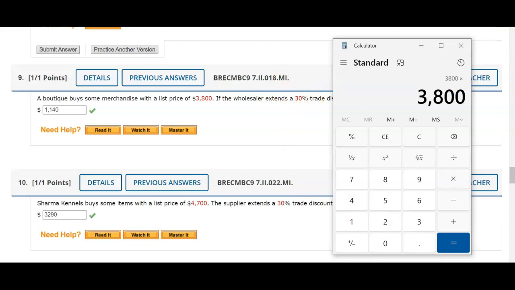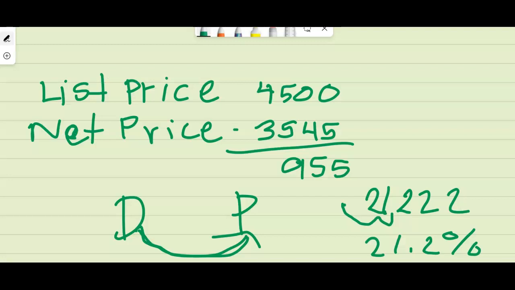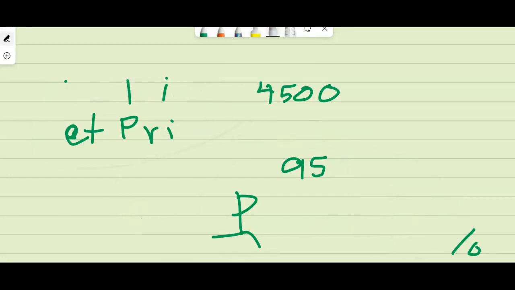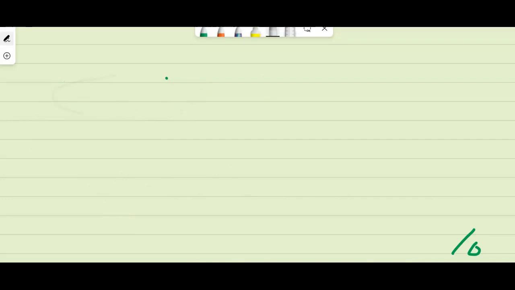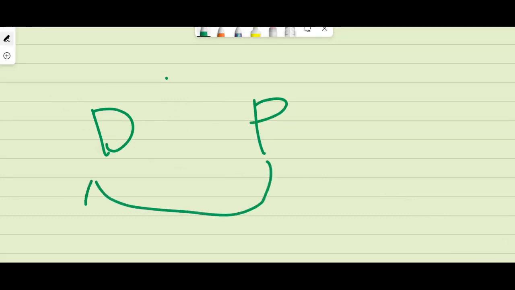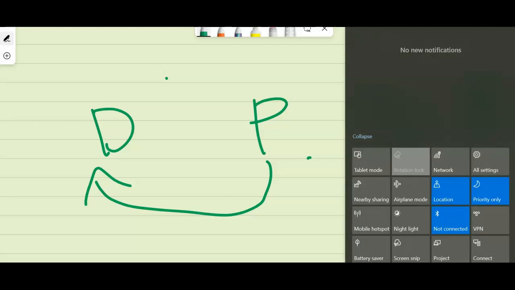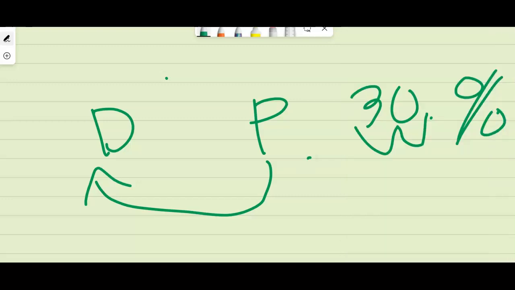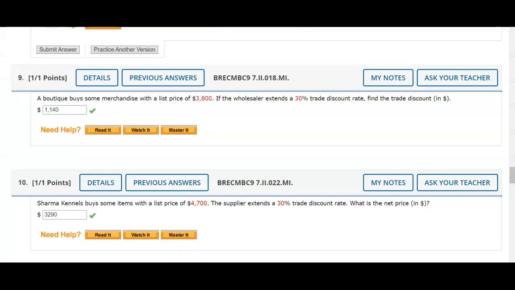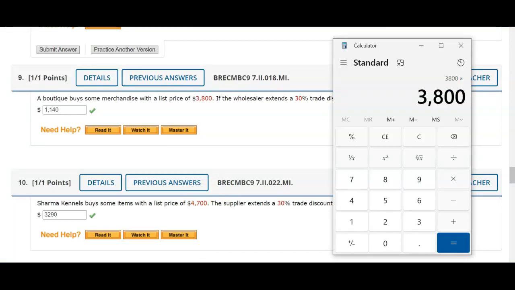If we are given a percent and we want a decimal, remember Dr. Pepper, we move this 2 places to the left. So that would be 0.30. So just multiply, and that's going to give you your discount of 1,140.